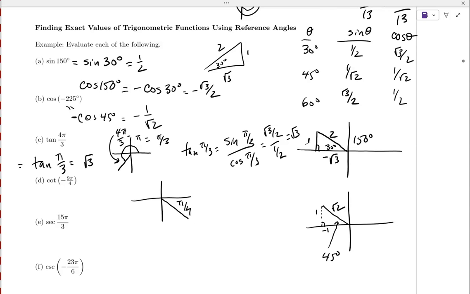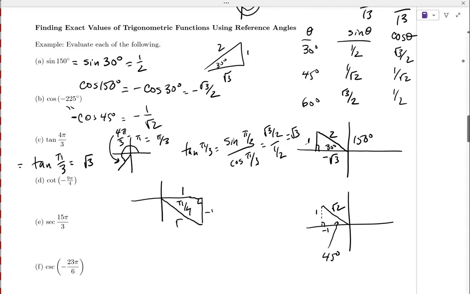So anyway, we would draw our reference triangle again down here in quadrant 4. That's a 45, 45, 90 triangle. Pi over 4 is a 45-degree angle. This side would be 1, because we went to the right. What would the opposite side be?